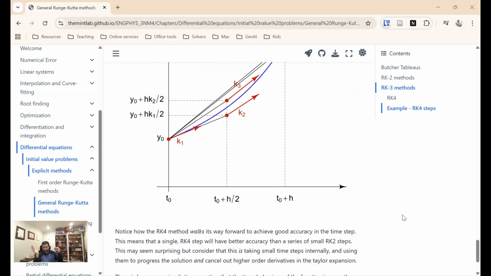Okay, this is going to seem a little bit funny to some of you who are going to be thinking, well, wait a second, why not just take a half step? Why even call it a half step? Just cut your step size in half, right? And then you would be taking small steps. Maybe you could even use something like RK2. In that case, you could use a midpoint rule or something that's a bit easier to calculate, right?